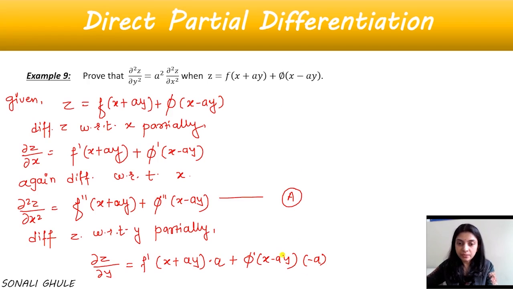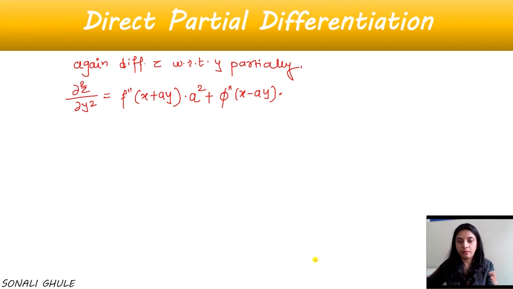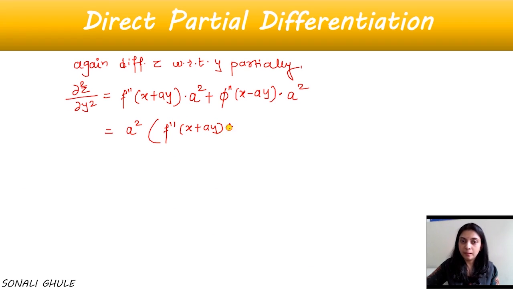And if I again differentiate this x minus ay, that will give me minus a, but already there is minus a, so minus a into minus a, that will be a square. So I can write here a square common, f double dash of x plus ay plus phi double dash of x minus ay.